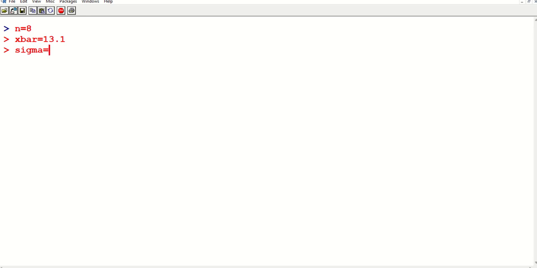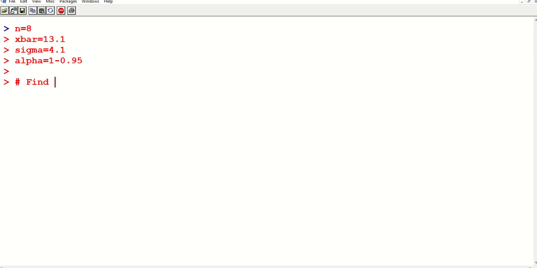In the R program, there is no need to remember whether it is the population or the sample standard deviation. You can denote it by sigma. So sigma is 4.1. And alpha is equal to 1 minus 0.95. Enter.